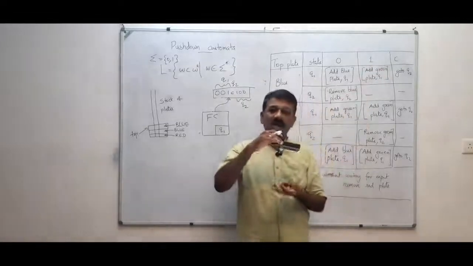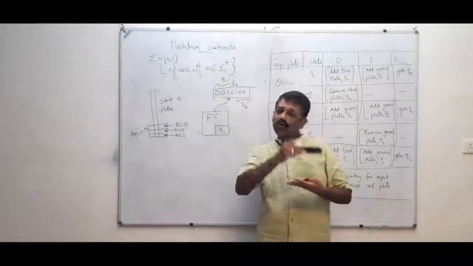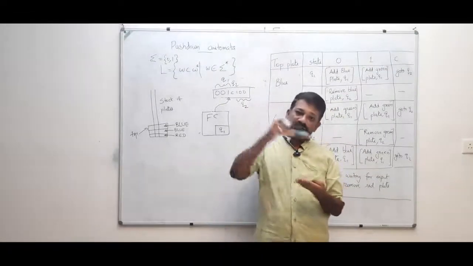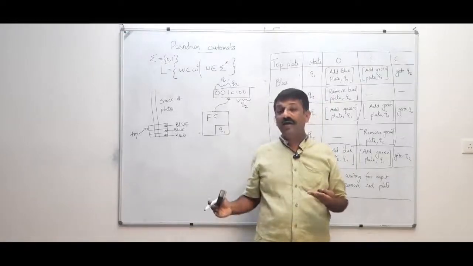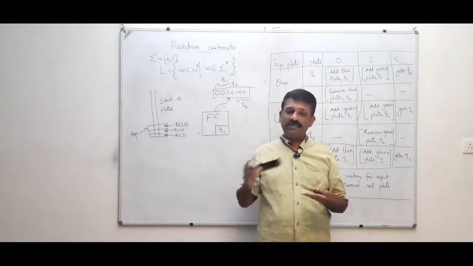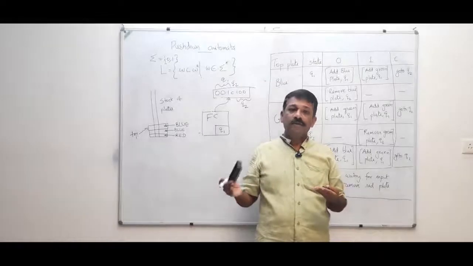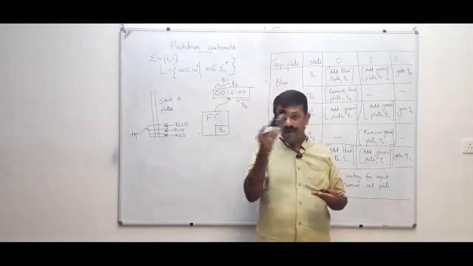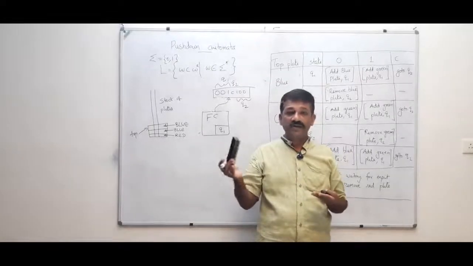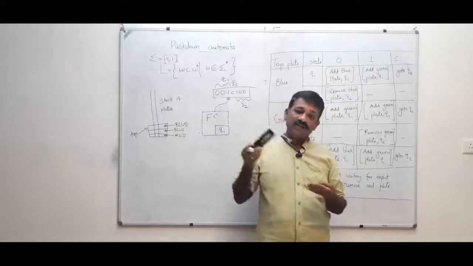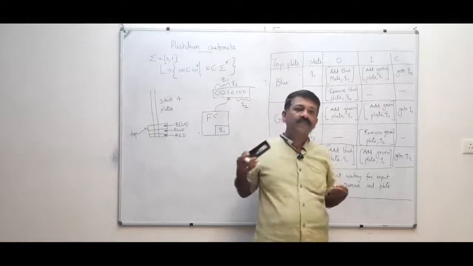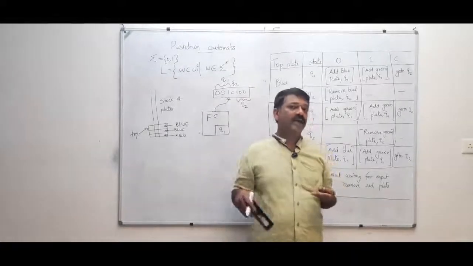That means if you have a 0, you are going to add blue plate, and if it is a 1, you are going to add a green plate. That means you keep on adding blue plate if the finite control is reading a 0, and if it is reading a 1, it is adding a green plate.